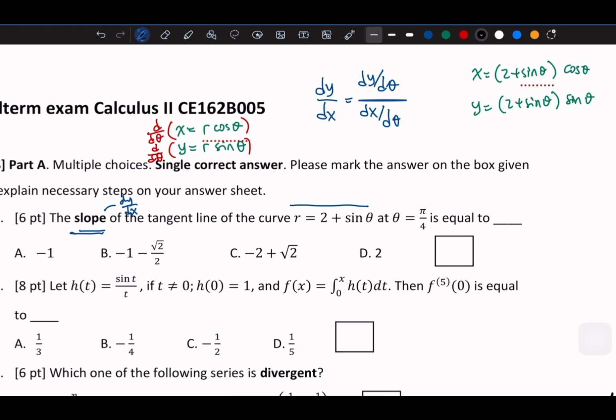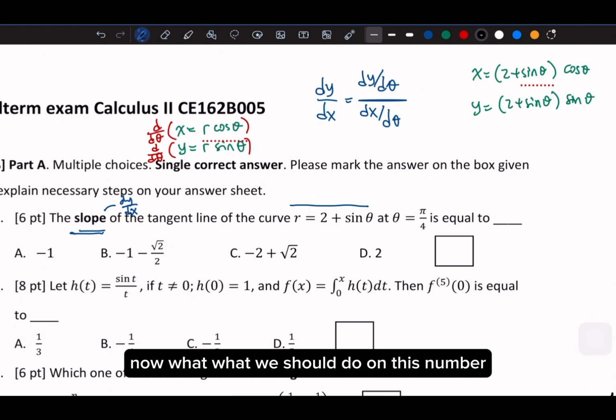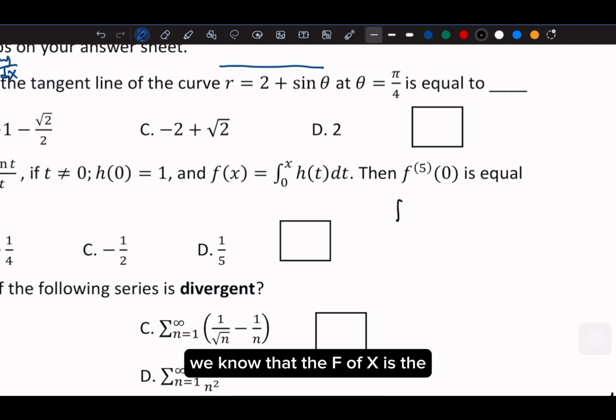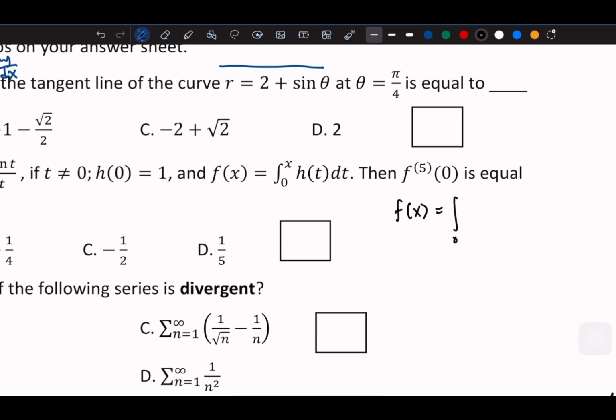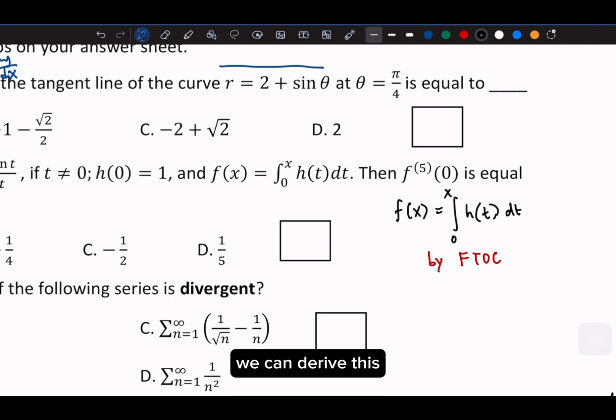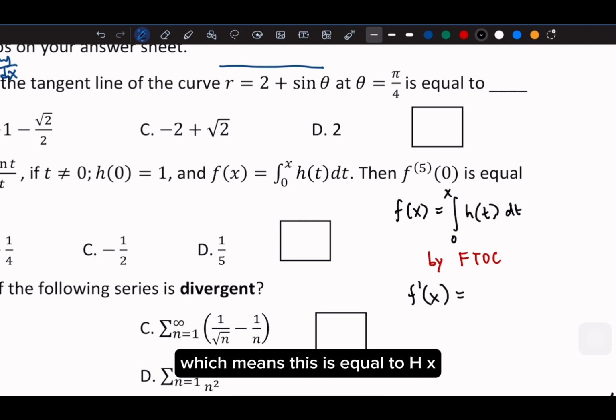Now, what should we do on this number? First, we know that f of x is equal to this, right? By the fundamental theorem of calculus, we can derive this, and then we can remove the integration, which means this is equal to h of x.